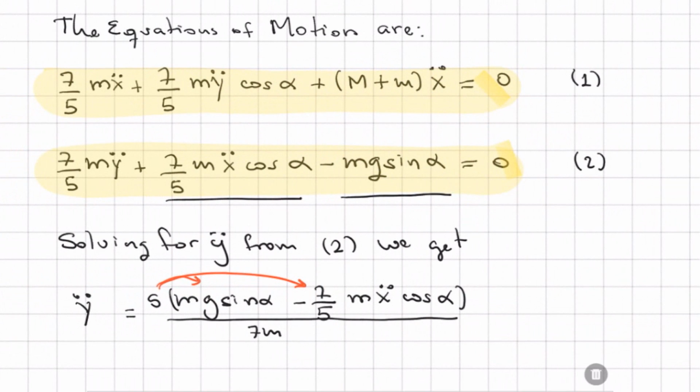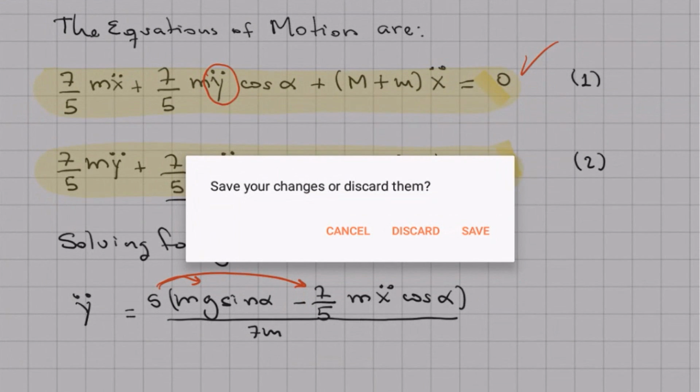We have equation number 1 right here, so we take equation number 3 and replace it right here on the y2 dot dot.